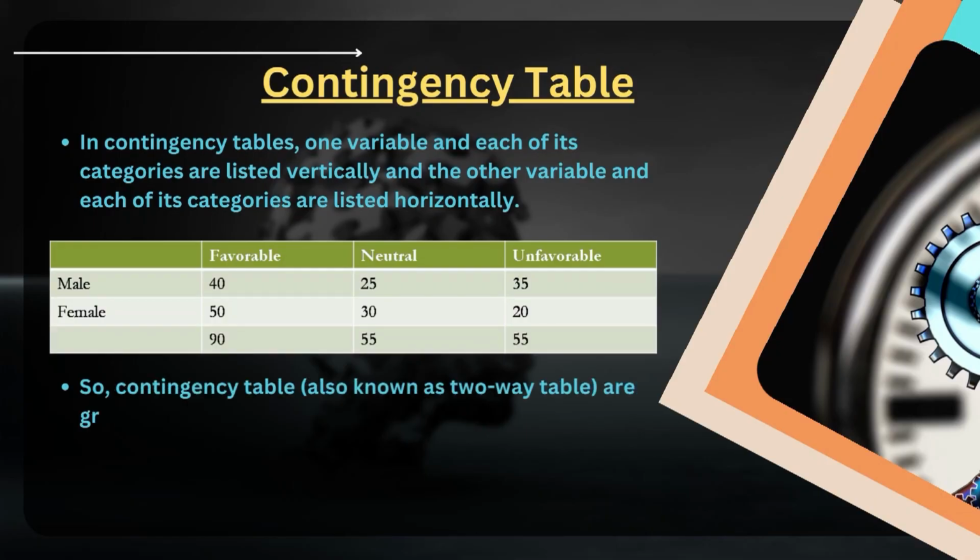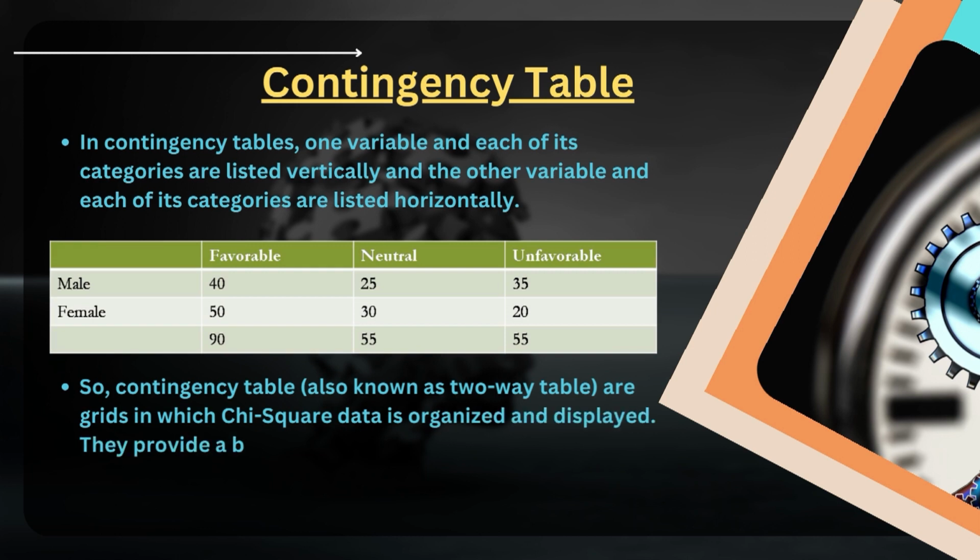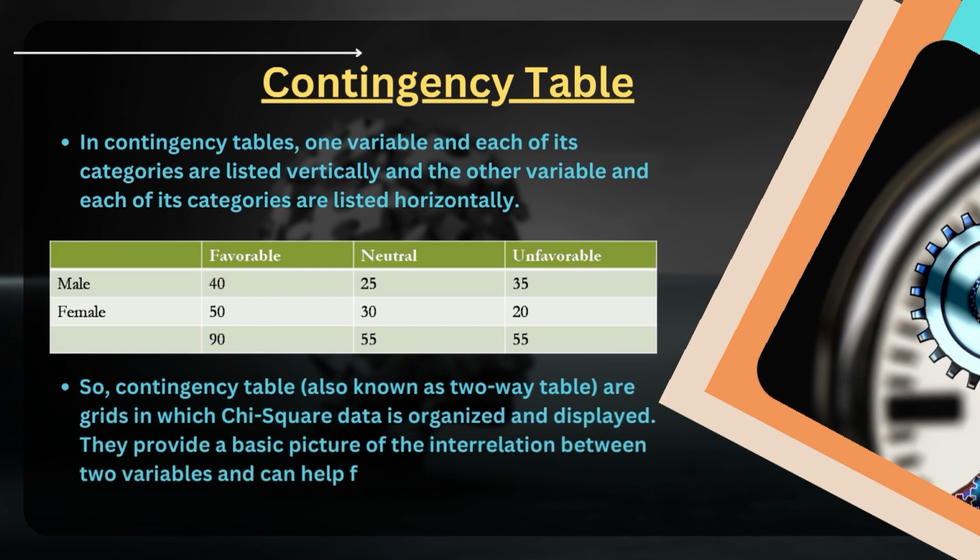A contingency table, also known as a two-way table, is basically a grid in which chi-square data is organized and displayed. And what is the importance of making this kind of table?